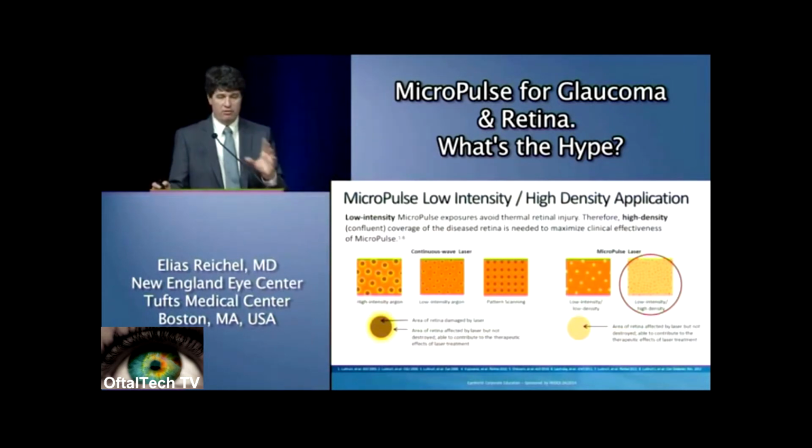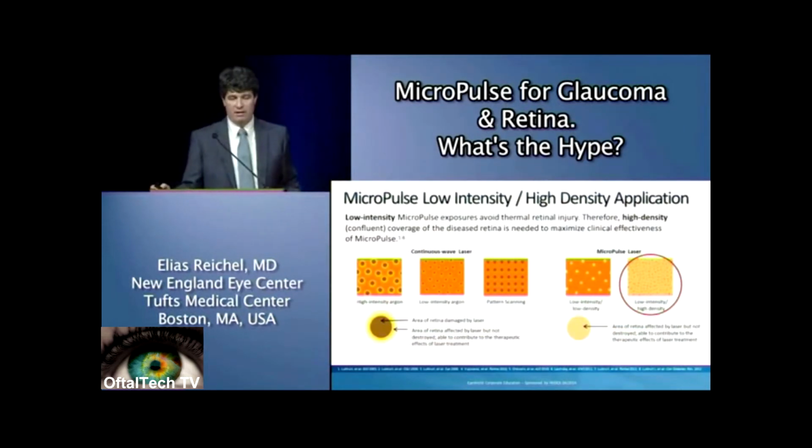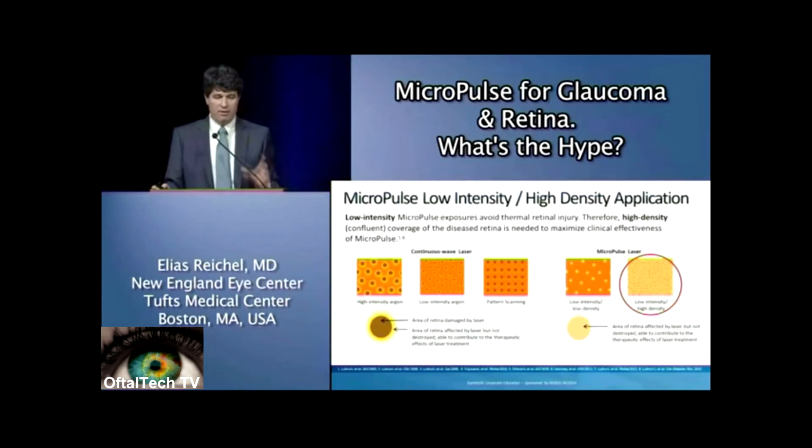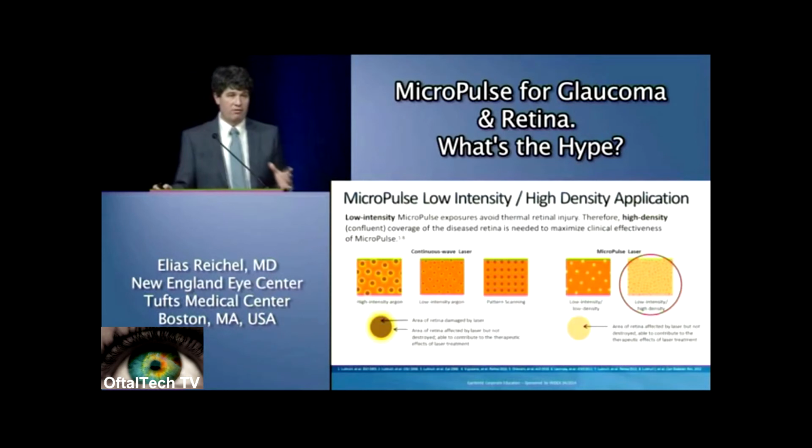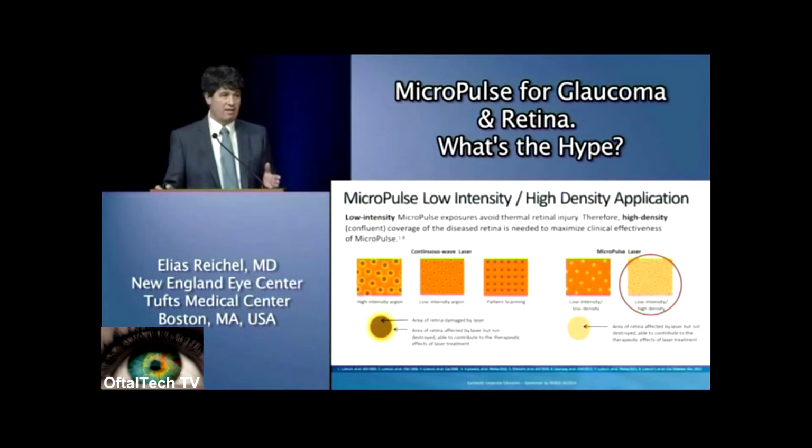So this is the cartoon or the schematic showing the different varieties of micropulse application. And it's important to remember that with continuous wave laser photocoagulation, if you're doing a grid type of pattern, you're only treating 10% of the retina at any given point. So if you're using a grid pattern throughout most of the macula, most of the time you're only treating 10% of the retinal pigment epithelium. The thing about micropulsing and really subthreshold laser is that you really have to treat the entire retinal pigment epithelium to see a significant effect.